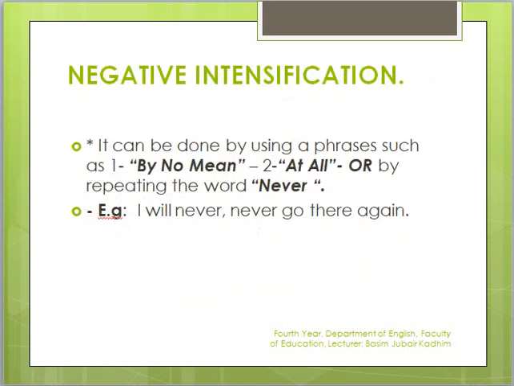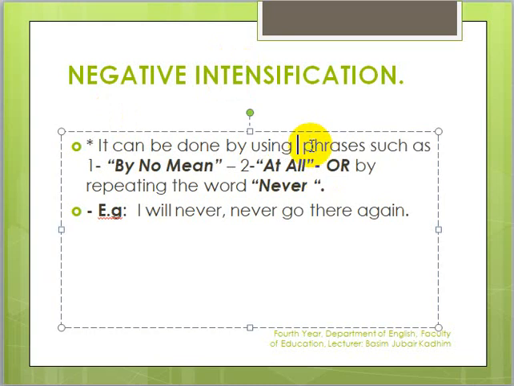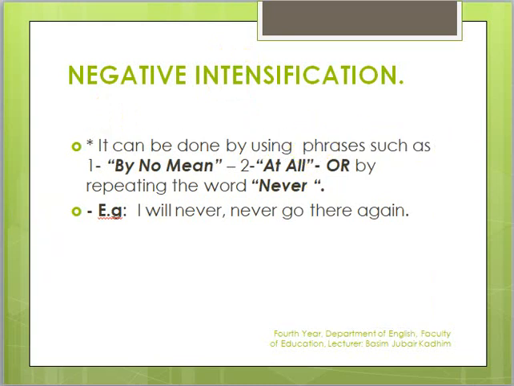Negative intensification. Sometimes in negative sentences there is an emphasis on certain negative parts, so we put in negative intensifiers to emphasize the negation. For example, it can be done by using phrases such as by no means, at all, or by repeating the word never.